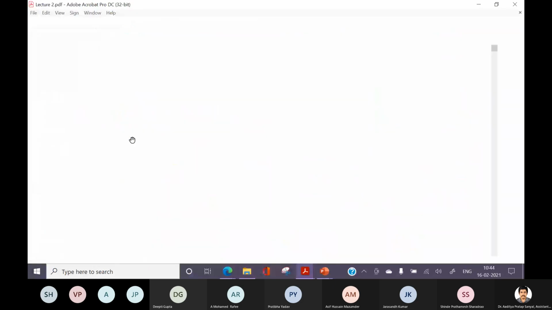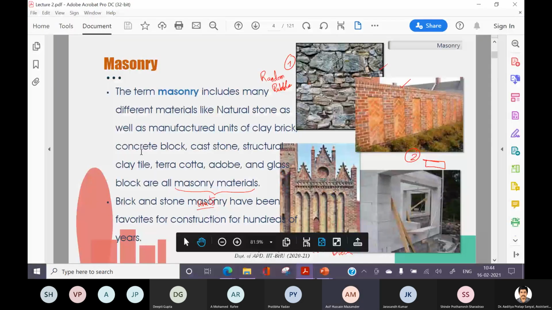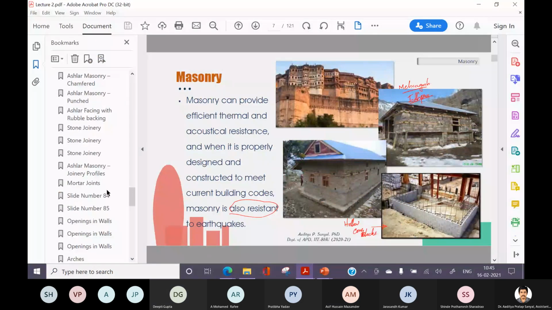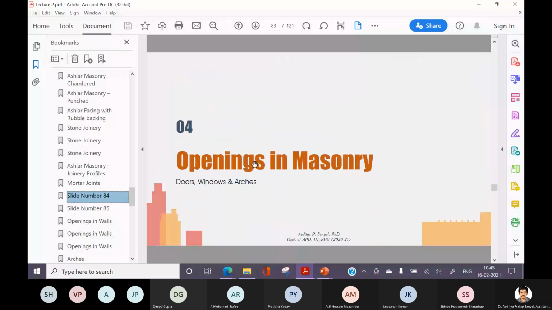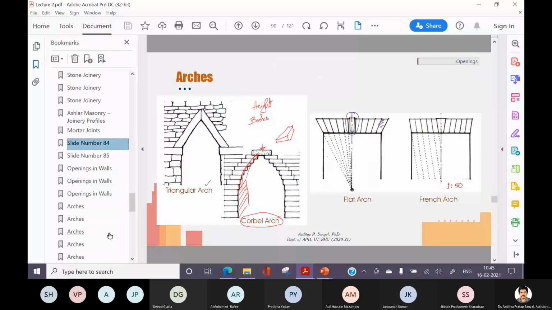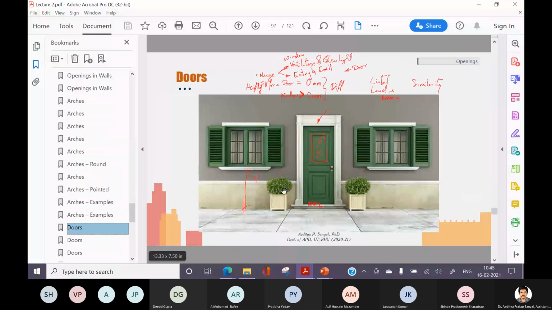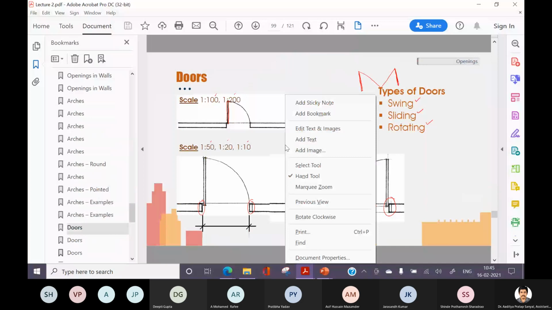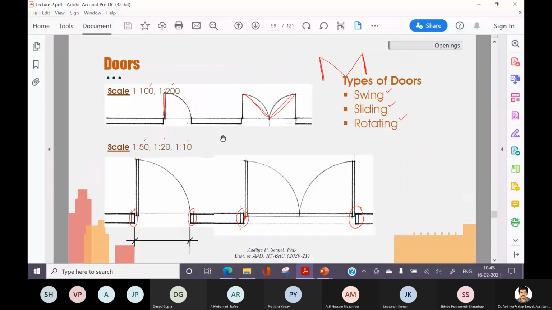The screen is visible, right, to you guys? Yes. Thank you. Zoom in. You can see here 1:100.